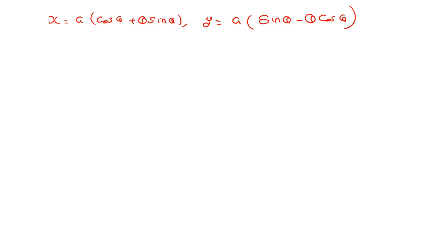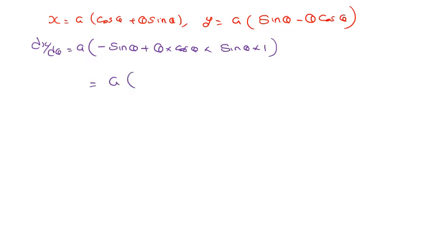So how to do? dx by d theta: cos theta derivative is a into minus sin theta, plus theta into sin theta derivative is cos theta, plus sin theta into theta derivative is 1. So a into minus sin theta plus theta cos theta plus sin theta. So what is the answer? a theta cos theta.